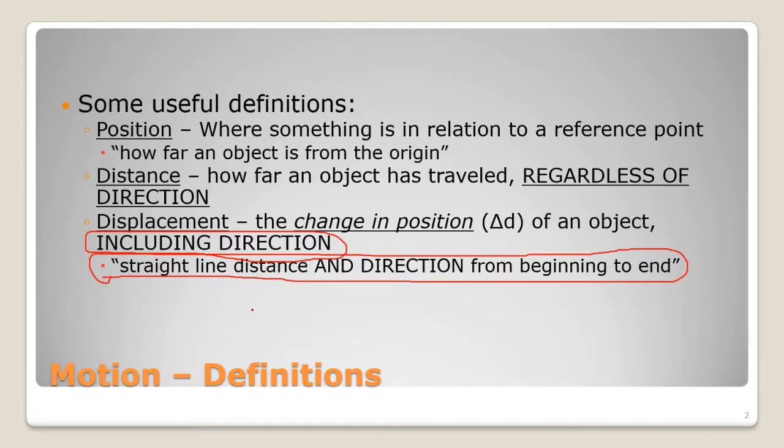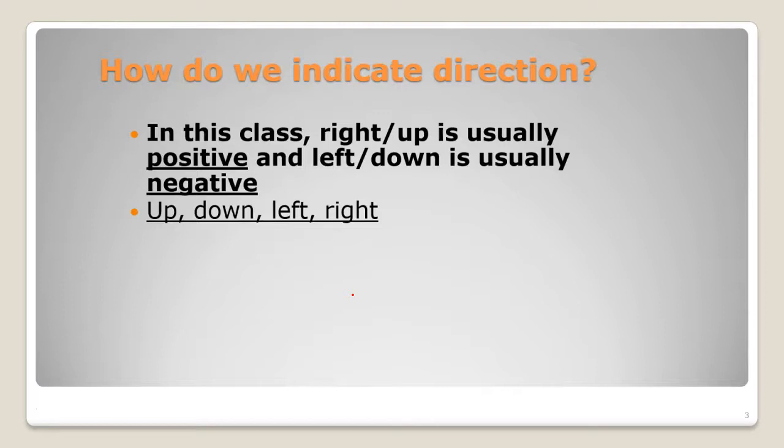In your notes, the next thing we need to talk about is how we indicate direction. So in this class, it's really important to understand that anything going to the right or moving up is a positive direction, left and down is usually negative. We will also see these terms, that some problems we read will use up, down, left, right, north, south, east, west. We'll use those terms.